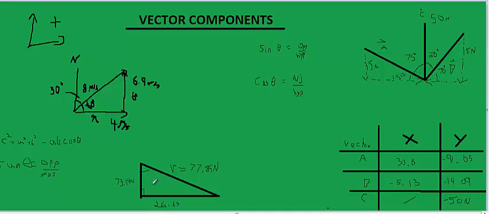Doing this, we can say the opposite, 26.67 divided by 73.14 equal to 0.36 and a lot more decimals, and we can inverse tan that to give us 20 degrees.